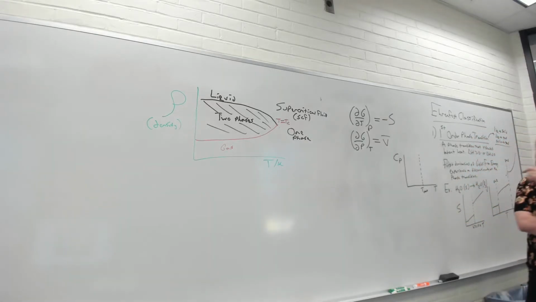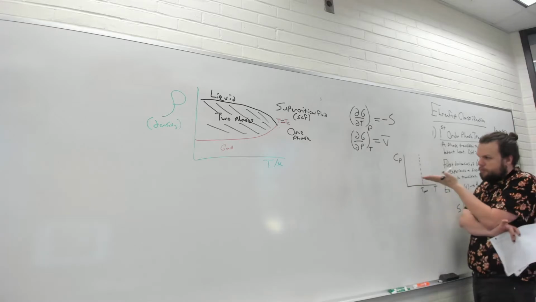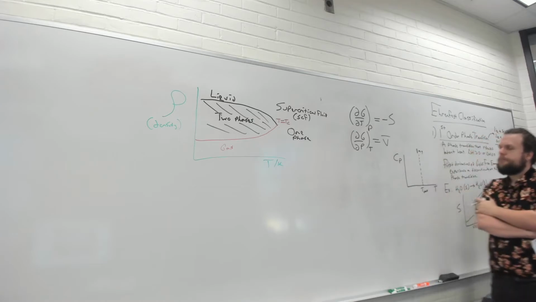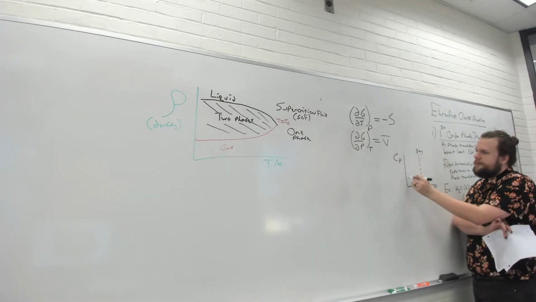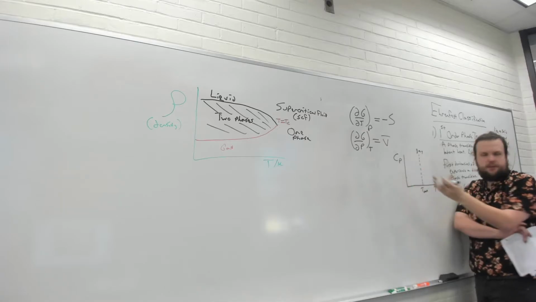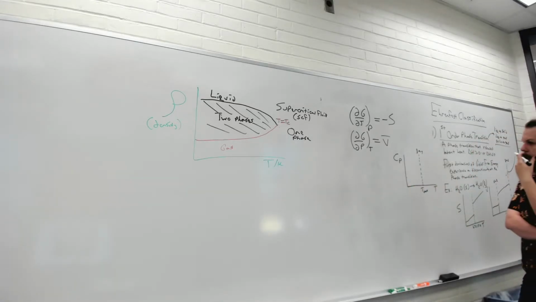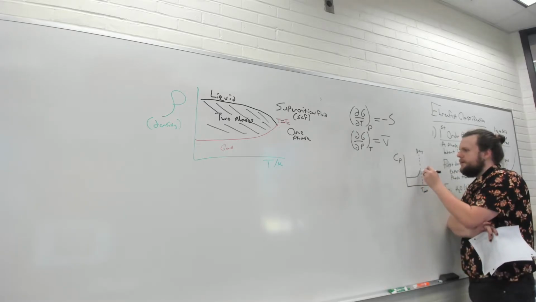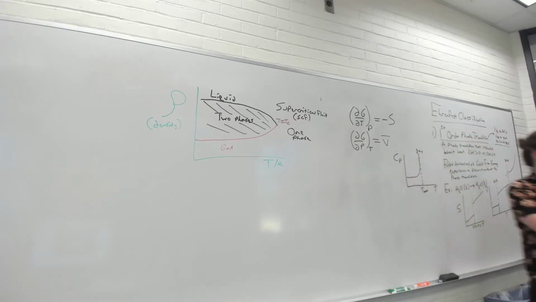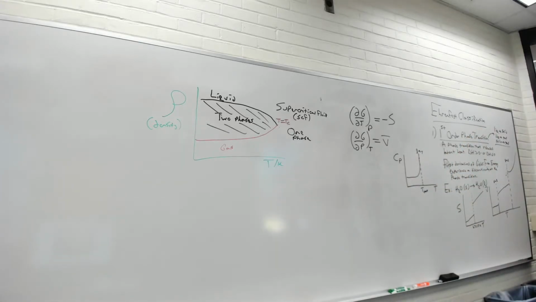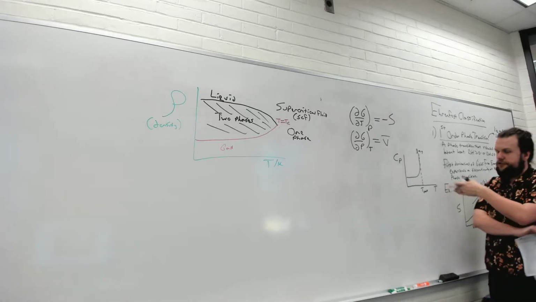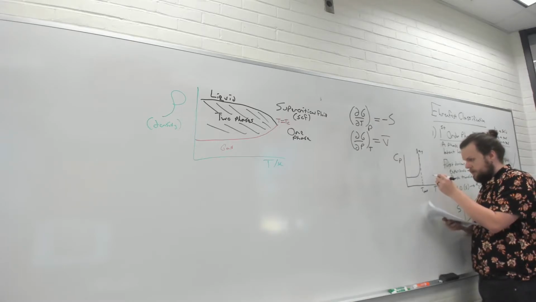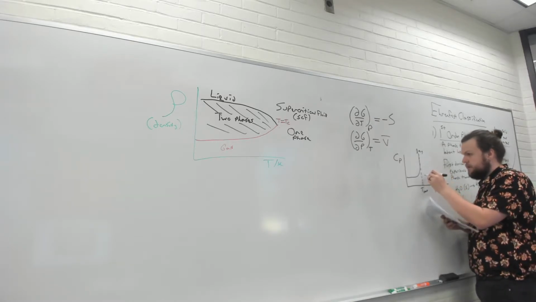What you find is that as you approach from the left for a first order phase transition, going liquid to gas here, the heat capacity of the liquid is pretty constant with temperature. But as you start to approach Tvap, it diverges to infinity. And then when you go over that phase transition, it just goes back to normal, and you're at the heat capacity of the gas. So something like this.